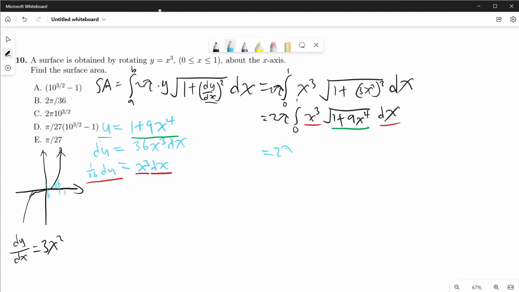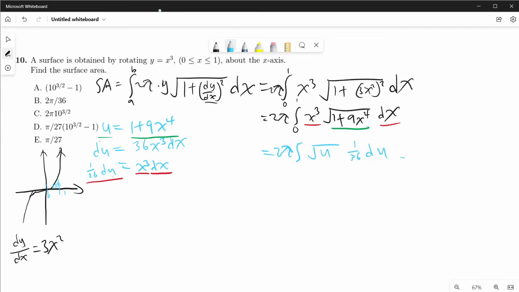So we have 2 pi. I'm not going to bother with the limits of integration yet, since we are now working with u. The square root remains, square root of u, and then it would be 1 over 36 du.